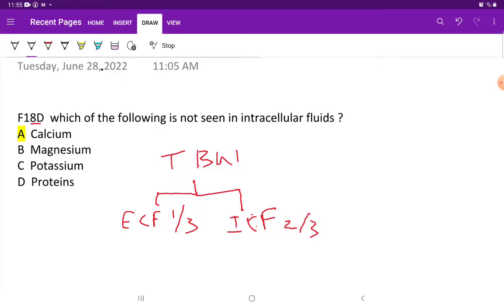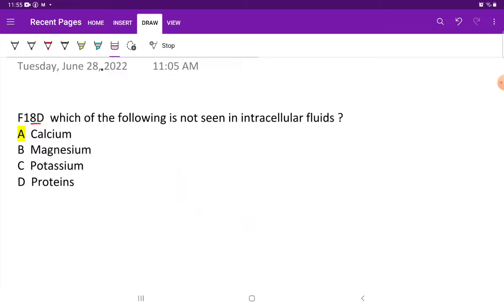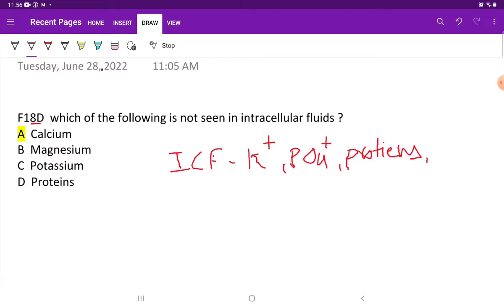If we take the ion concentration in each, in ICF, potassium ion is present in higher concentration, phosphate is present in higher concentration, and proteins are also present in higher concentration, along with certain organic anions.